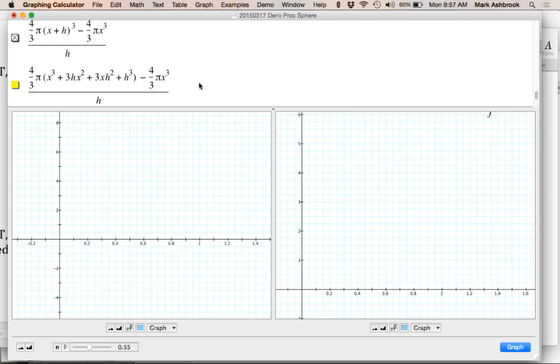Okay, so what's next? So notice we've got 4/3 pi. Actually, we've got 4/3 pi in both of these terms here. So if I grab it and pull it out, it factors it out. You see that?